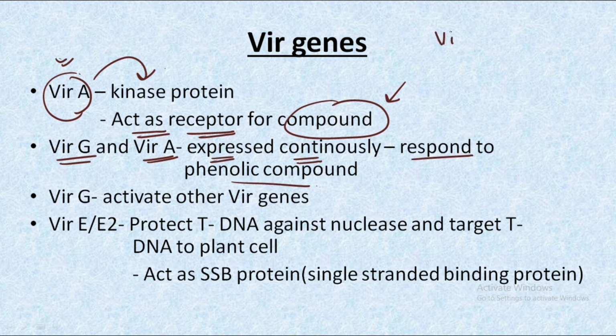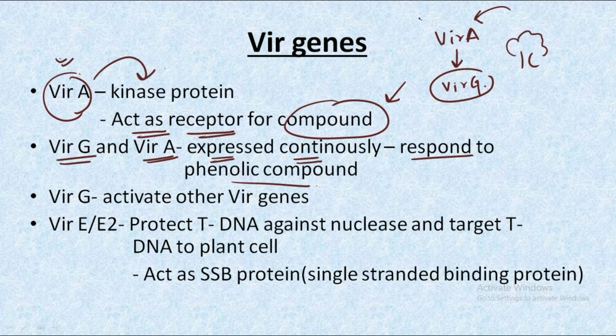That means first we have the VIRA, which receives the signals from the wound of the plant. It in turn activates the VIRG, and because this mechanism has to function all the time, since any time a plant could release the signal, VIRA and VIRG should be expressed continuously in order to respond to the phenolic compound.